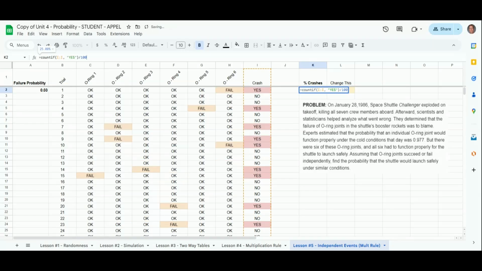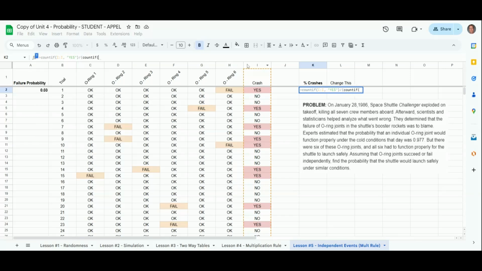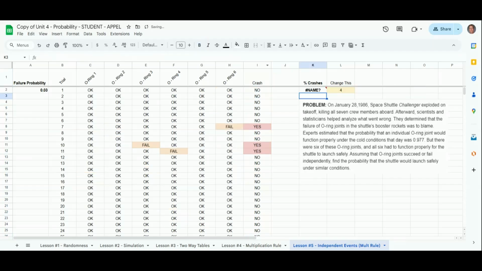Or if we want to be a little bit more dynamic, we can divide by COUNTIF this range is a yes plus COUNTIF this range is a no. So those are our total. I'm just getting a more dynamic percentage.